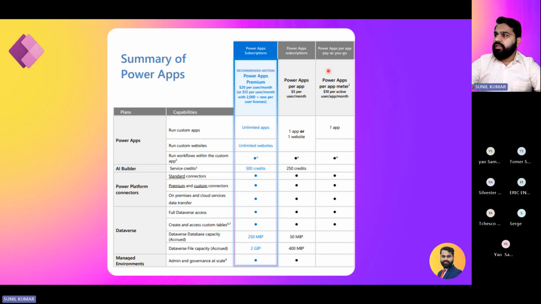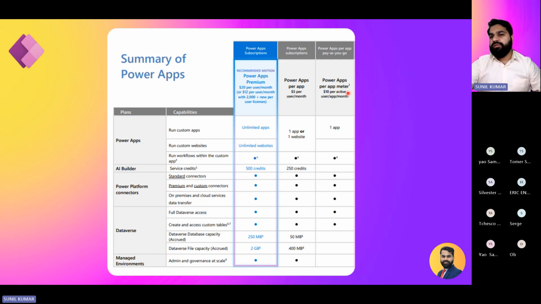Then the third subscription is the pay as you go subscription. In this particular subscription, the Power Apps per app meter is always there. This is basically for $10 per active user.